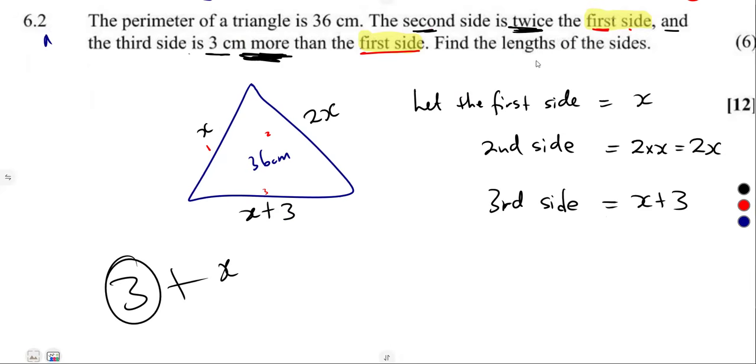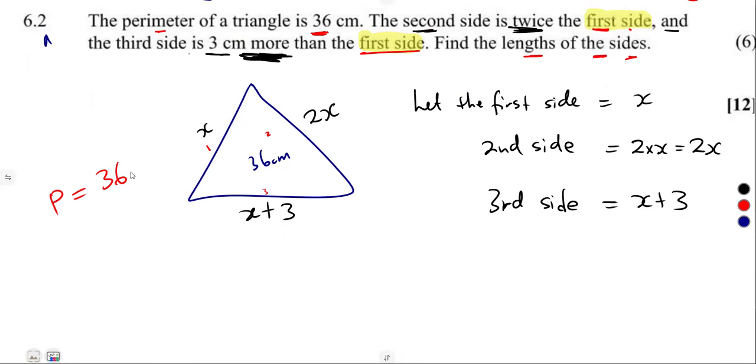Then the question is, find the length of the sides. Find the first, the second, and third one. So simply solve for x. How can you solve for x? We are given these in terms of x, and also the perimeter, where perimeter is the distance right round the shape, the perimeter of 36 centimeters.